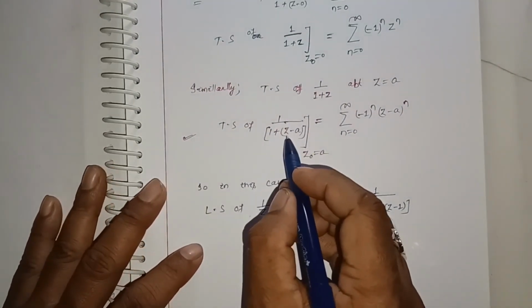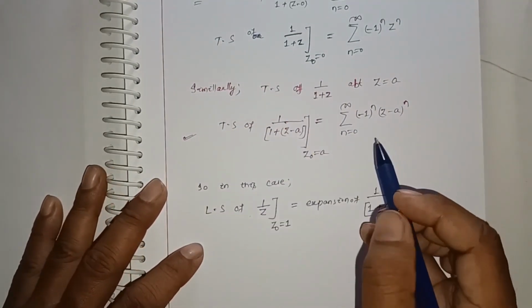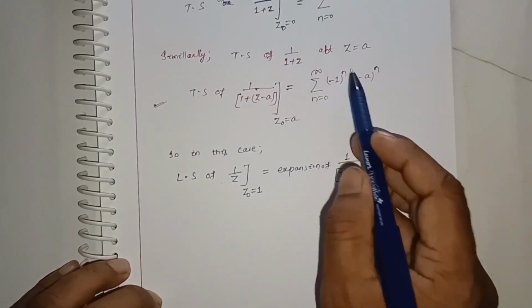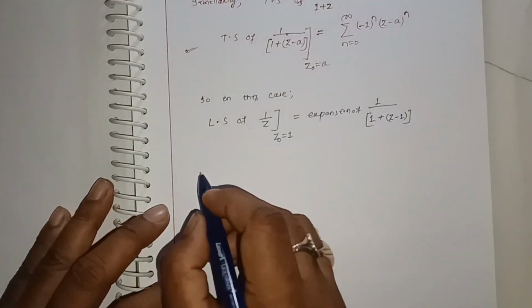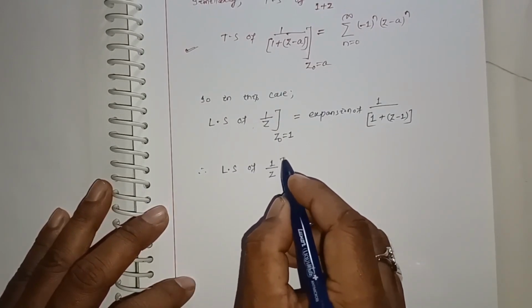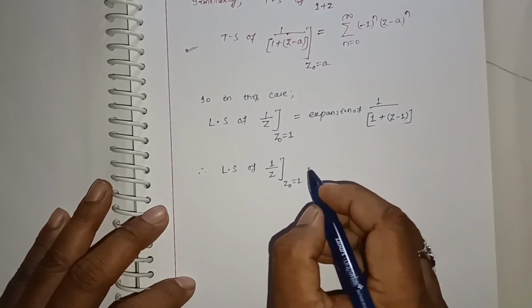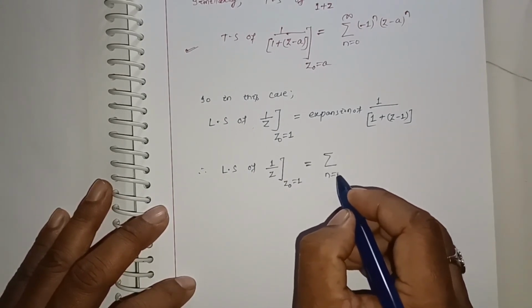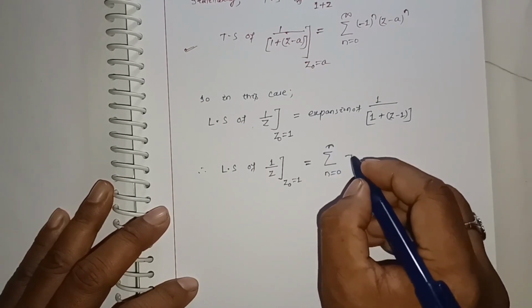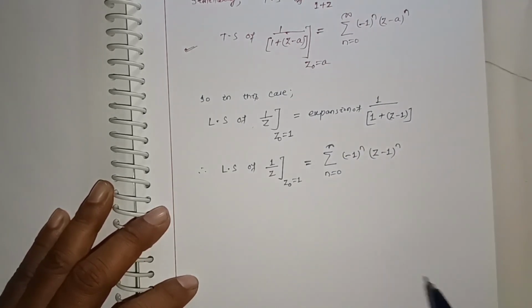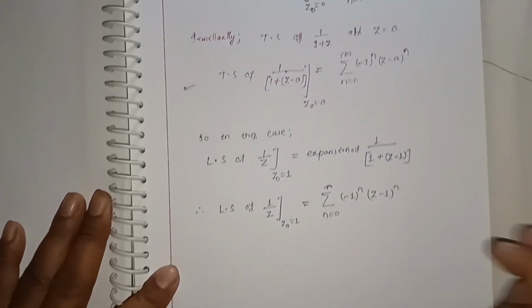So 1 by 1 plus z minus a is nothing but this one. Here this expansion will be minus 1 to the n, z minus 1 to the n. So finally the Laurent series of 1 by z about z0 equal to 1 will be summation over n equal to 0 to infinity minus 1 to the power n z minus 1 to the power n.